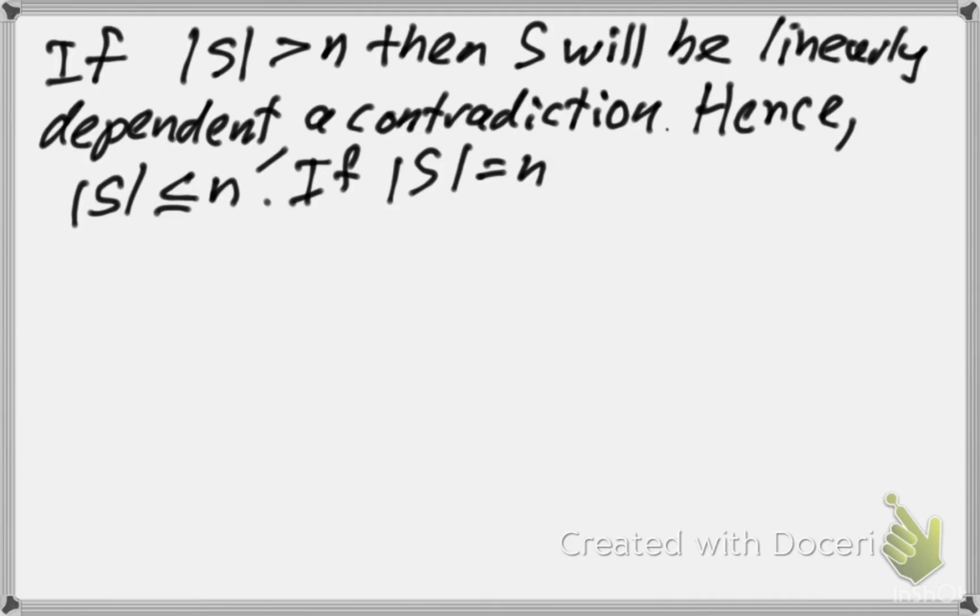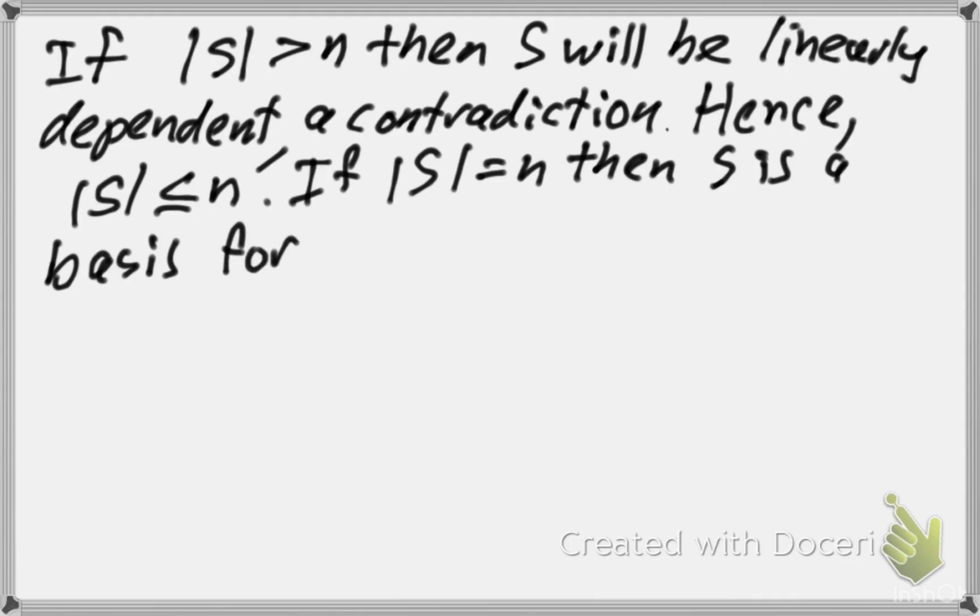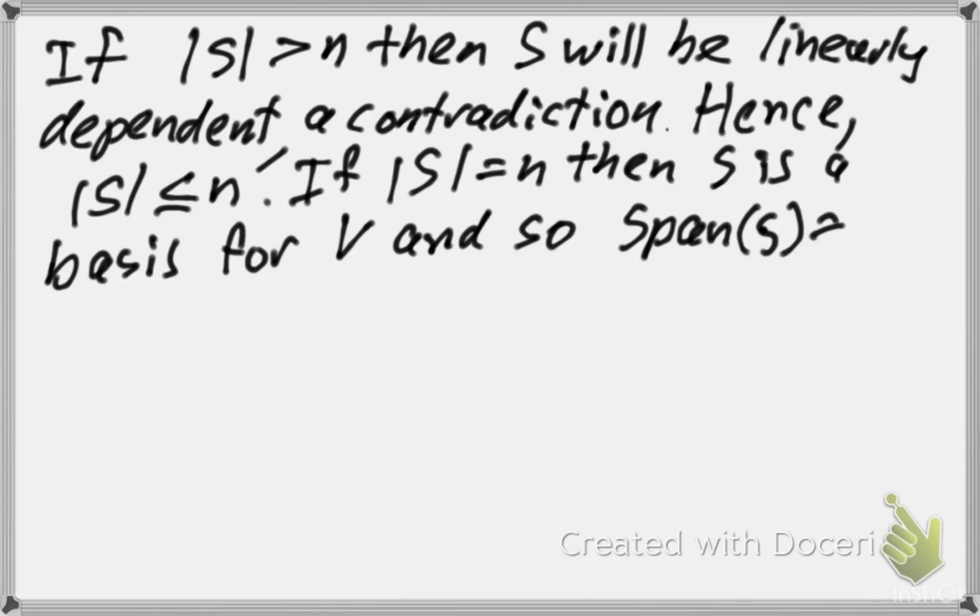So if S has n vectors, then S is a basis for V, and so the span of S will be equal to W. Every vector in W will be spanned by the vectors in S.